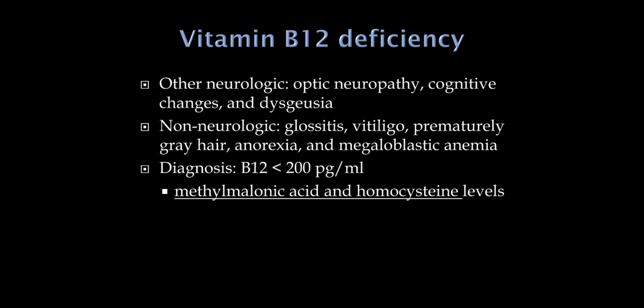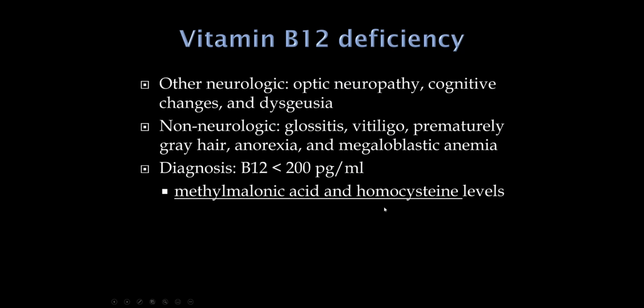And so what we like to do is we combine this with a methylmalonic acid, which is actually more sensitive for detecting symptomatic B12 deficiency. So if your B12 level is borderline and your methylmalonic acid is elevated, then you want to assume that patient has symptomatic B12 deficiency. They need to be treated. Okay, homocysteine levels would also be elevated.